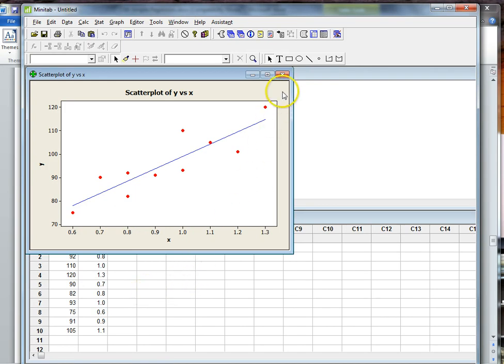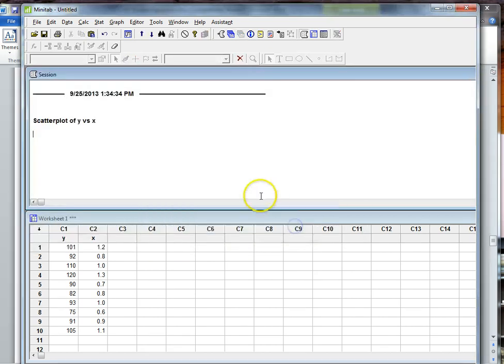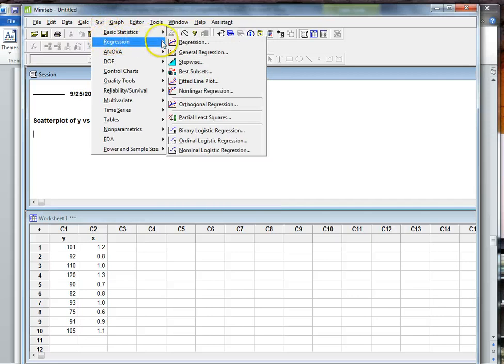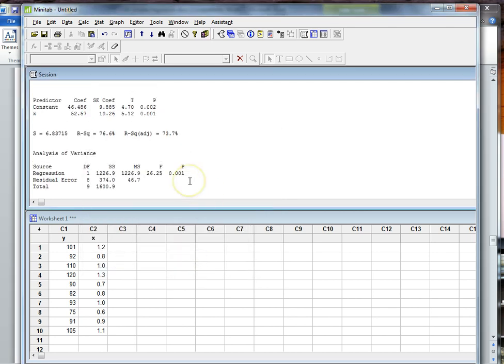Now I want to show you how we do the regression. You just go to regression and click on regression, and I want my Y here. So you enter your Y here, you enter your predictor X here, and you simply click OK, and look at the output you got.